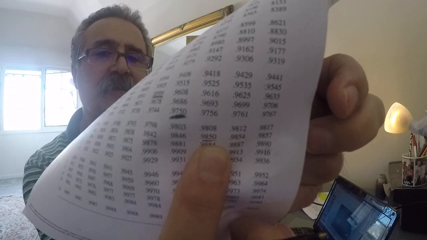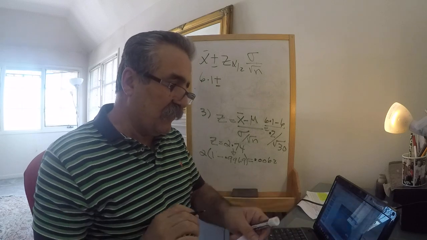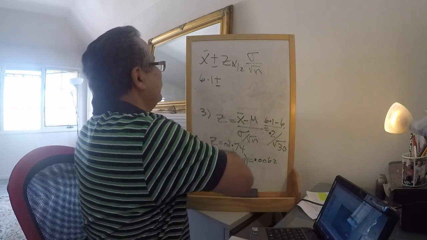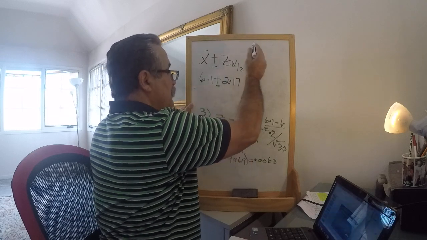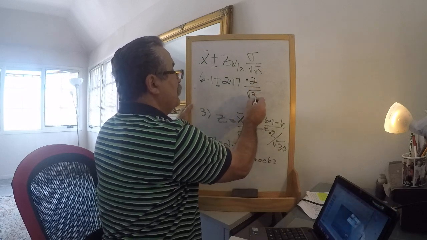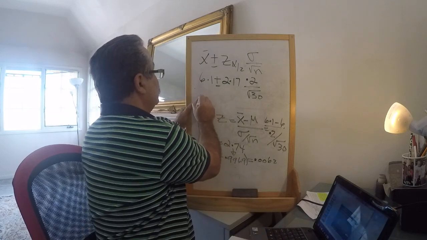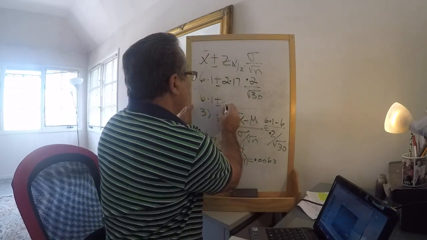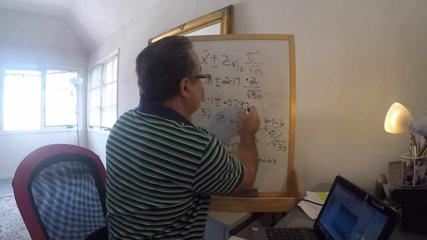I don't know if this is clear enough. 0.985. Then the value is 2.17 plus or minus 2.17 times sigma, which is 0.2, over the square root of 30. The value is 6.1 plus or minus 0.07924.